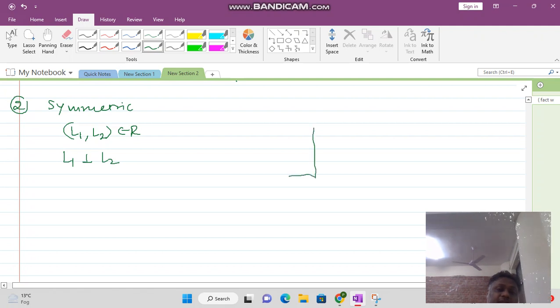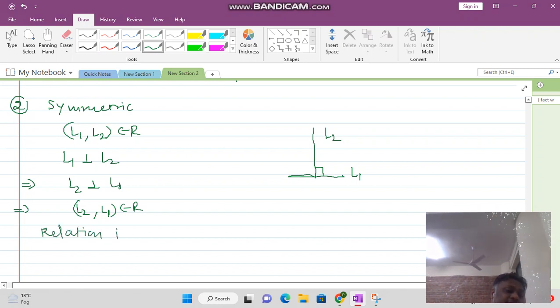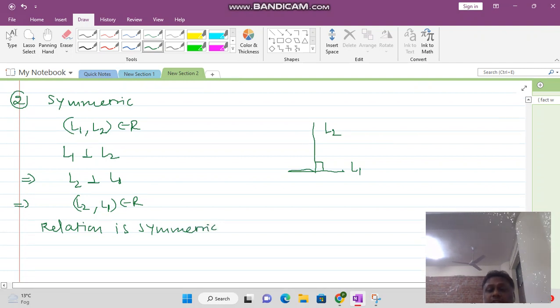I mean we have this situation that L1 is perpendicular to L2, or you can say that L2 is perpendicular to L1. So it implies that (L2, L1) is a member of the relation. So the relation is symmetric.